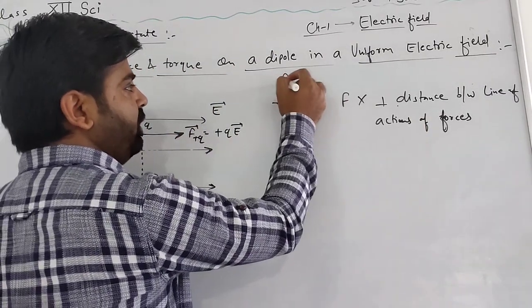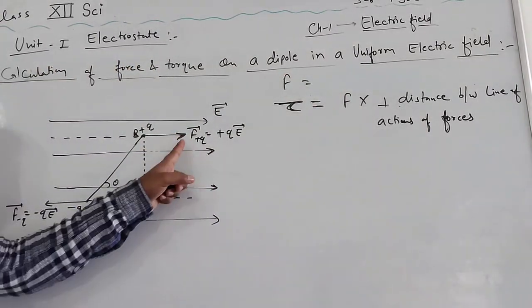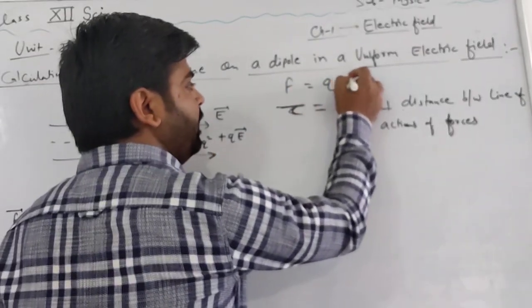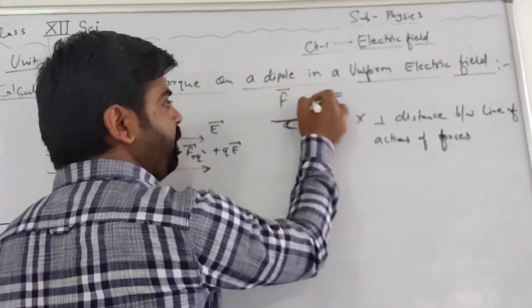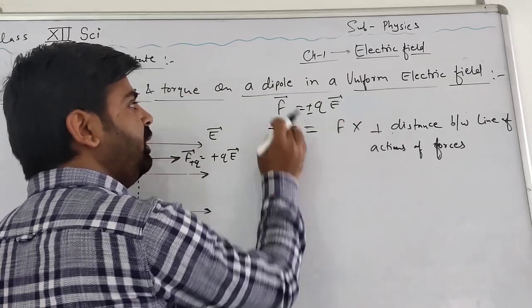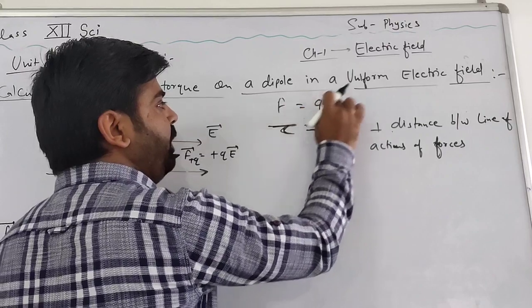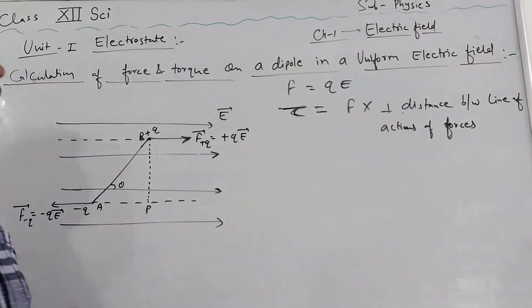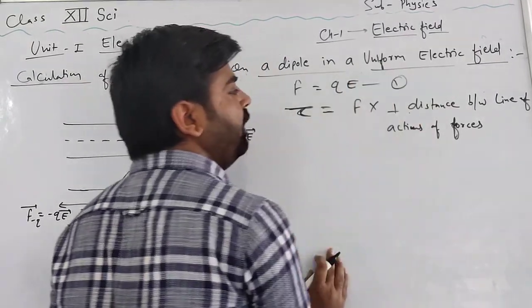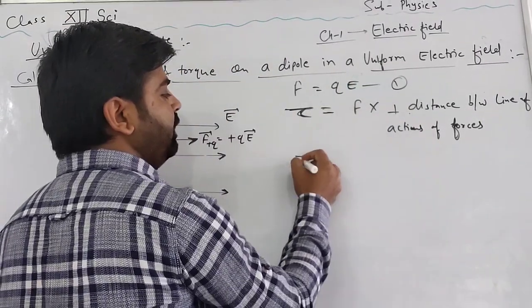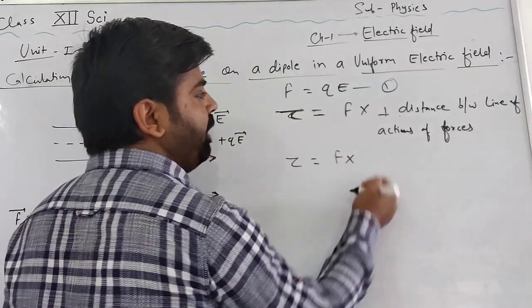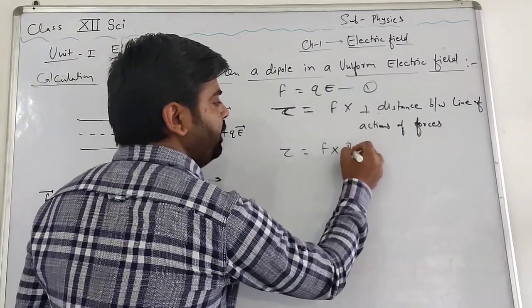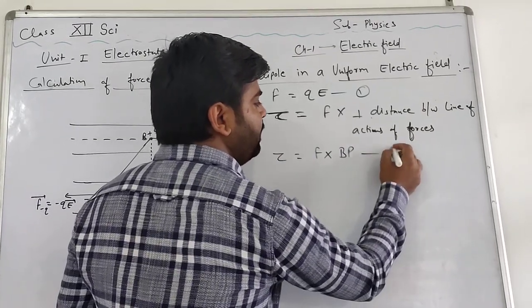The magnitude of force we discussed before: F is equal to qE. In vector form we denote F vector as plus or minus qE vector, but now we take only its magnitude. So F is equal to qE. This is equation first, and tau is equal to F multiplied by the perpendicular distance between the lines of action of the forces, which is given as BP. This is equation second.